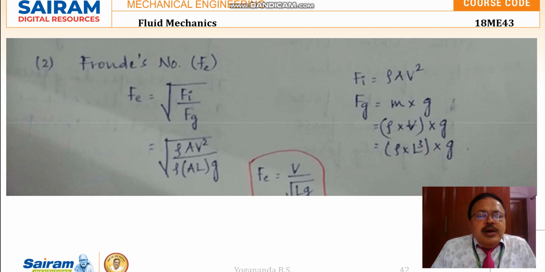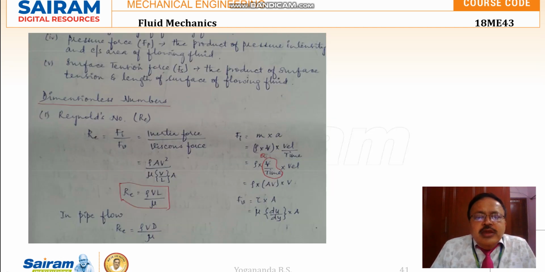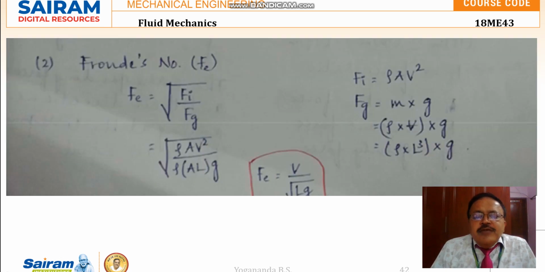Then Froude's number. It is square root of inertia force by gravitational force. Just substituting the dimensions of individual forces, inertia force is given as rho into A into V square, rho AV square. Gravitational force F is equal to M into G, where mass is density into volume into G. Volume is written as L cube, L to the power of 3.